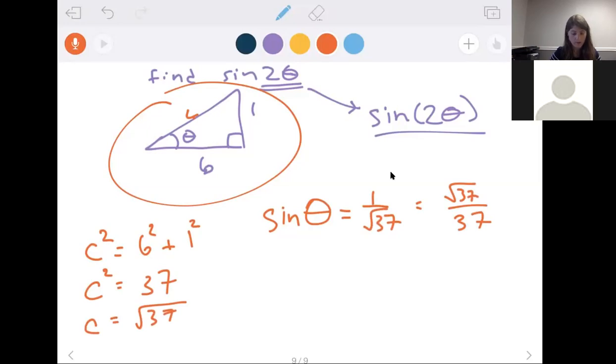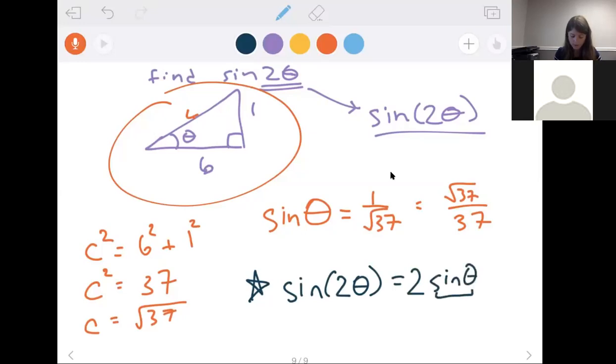Now, are we done? No, right? We know sine, but we really want to know the double angle. But when we remember the double angle formula, it tells me if I know the sine of the original angle, which now I do, and I know the cosine of the original angle, which I could go back and think about from the picture again.